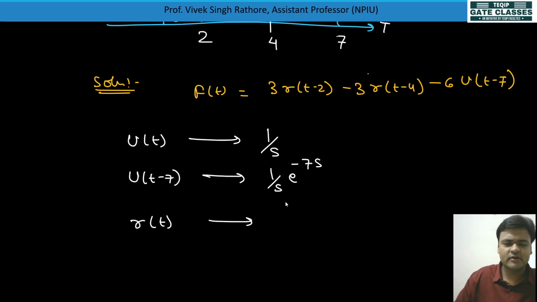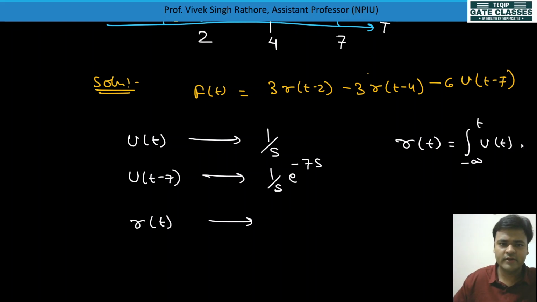R of t is nothing but the integration of u of t, integration from minus infinity to t of u of t, which gives r of t. You can write it as u of t convolved with u of t, because any signal convolved with u of t is similar to integration from minus infinity to t.